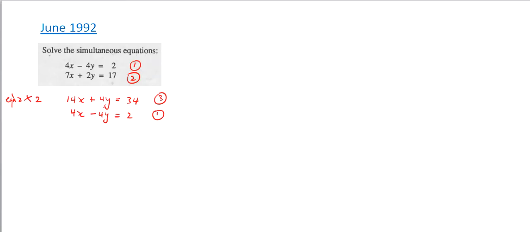Now, what we can do, we can eliminate the y's. Now, how do we do that? We have plus 4y here and minus 4y here. So all we need to do is to add the two equations.